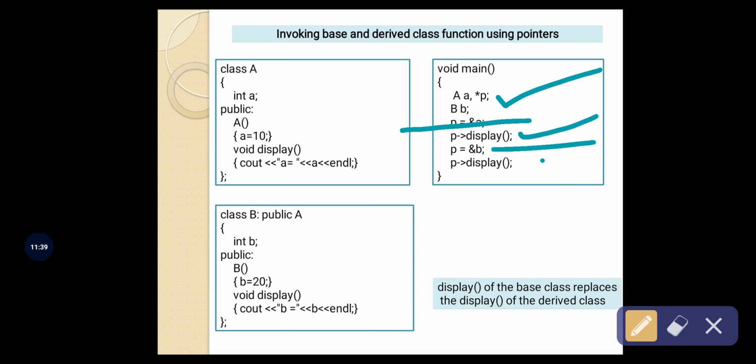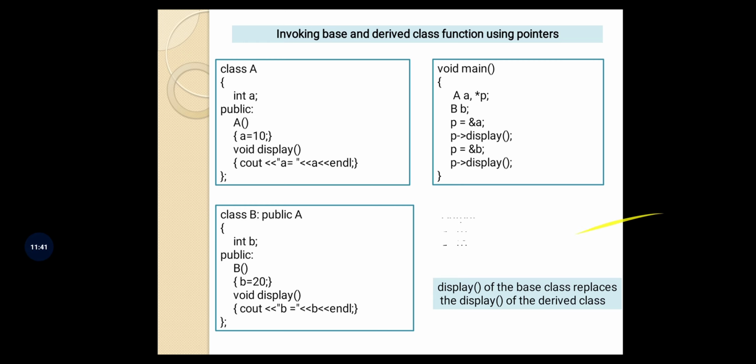What should happen is basically you should get the display of B. However, that doesn't happen. What happens is, when you have a pointer of a base class and you're pointing to either the base class object or to the derived class object, no matter what, when you invoke a function, it will always invoke the function of the base class. That means the display of the base class will replace the display of the derived class. This is an important property that you must all remember.